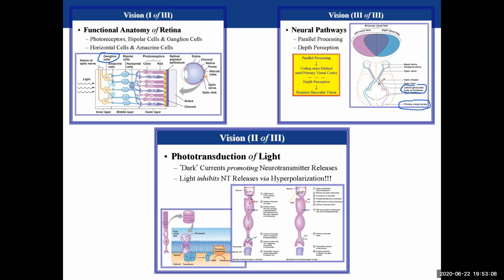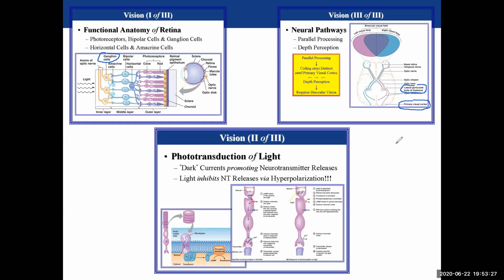Information actually goes three pathways: to the thalamus, to the suprachiasmatic nuclei, and to the superior colliculi.